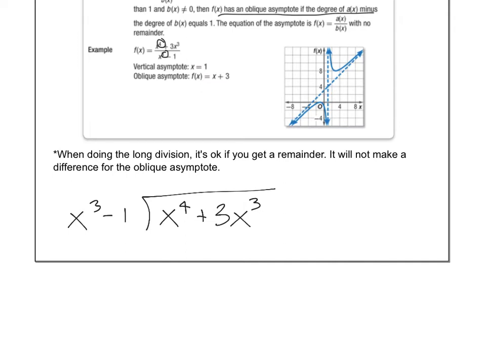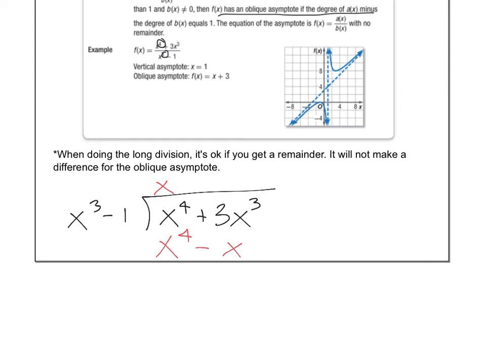I'm trying to figure out what I need to multiply the outside with to get the inside result. So x to the 3rd times what will give me x to the 4th, and that's just x. So x times x to the third is x to the fourth. x times -1 is negative x.